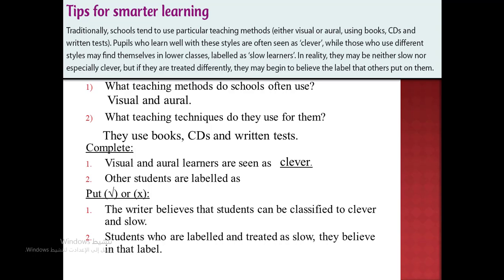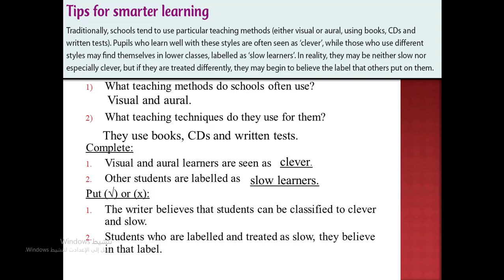Now remember the word labeled. It is used when we give a label or a name or a calling that is incorrect. It is unsuitable. It is not right for them. They do not deserve this name. So, other students are labeled as slow learners.